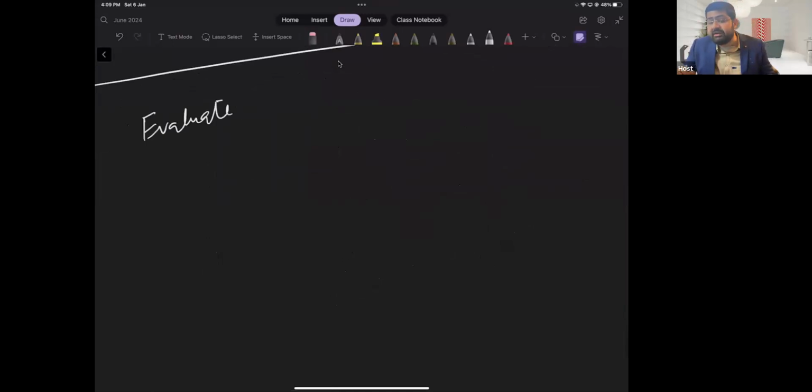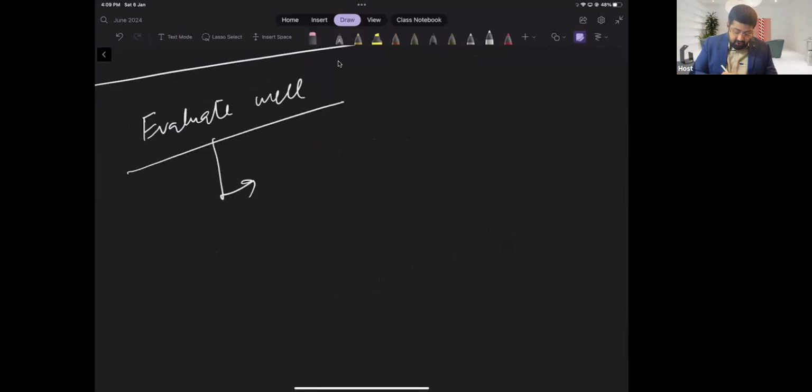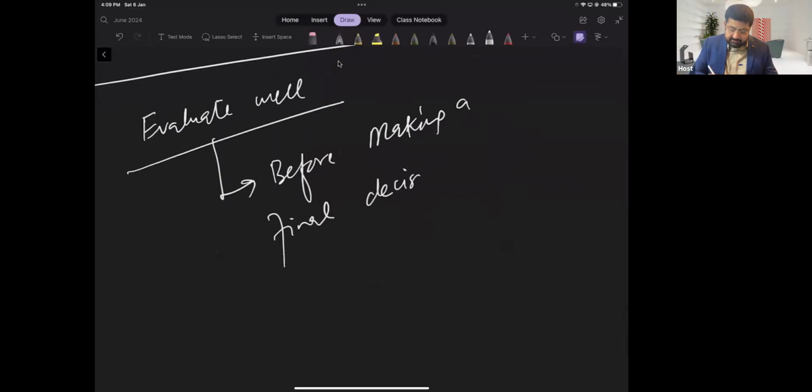And who does that? The finance manager evaluates well before making a final decision of investment, because once you have invested, it will not be wholly recoverable if it is a bad investment.